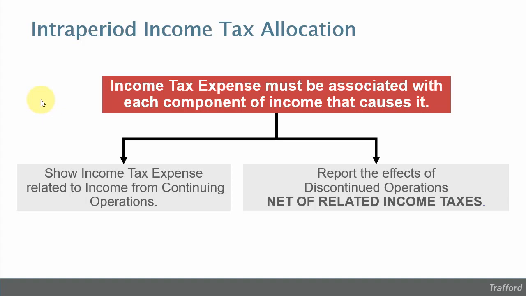So basically we do two tax computations, one for income from continuing operations and one for the discontinued operation, and that way those two parts of the income statement can stand alone.